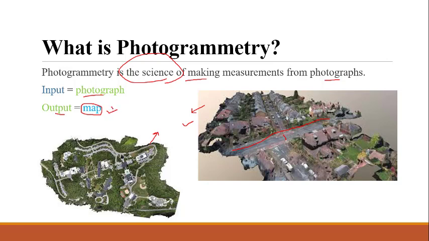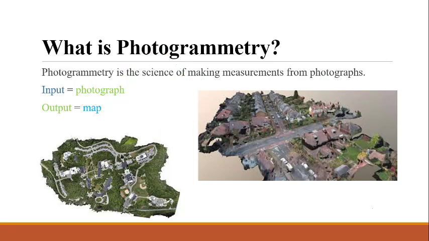A map consists of the information about the real world, for example here the road or buildings or other things. So with the help of photogrammetry we can see the measurements of an area or of anything which lies on the earth's surface.